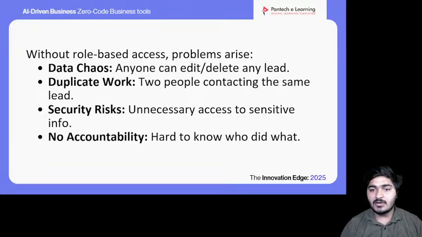And the last thing is going to be no accountability: it's hard to know who did what. As I said earlier, if I separate the work based on individuals, I can identify the individual who is working on that particular sector. But if I don't separate the work and openly let them work on everything, I can't hold a particular person responsible for a problem.